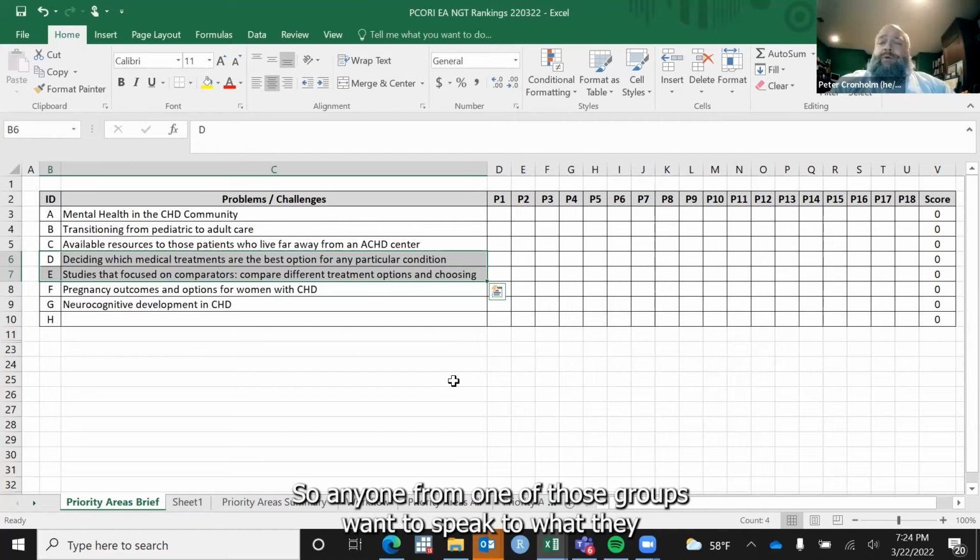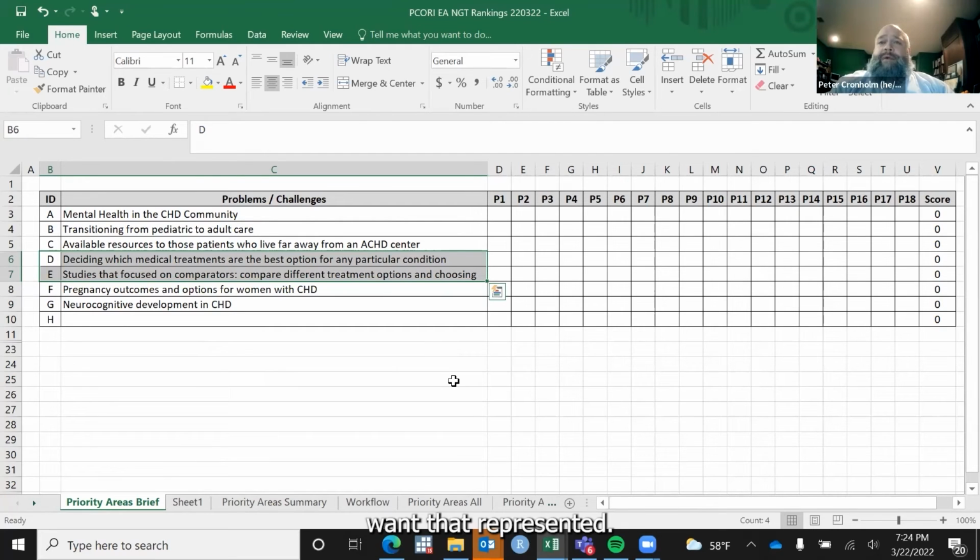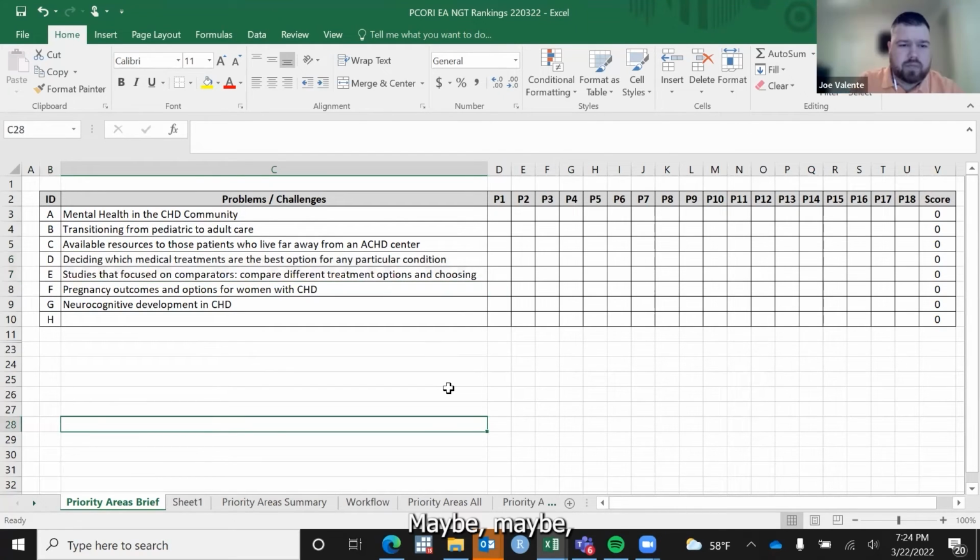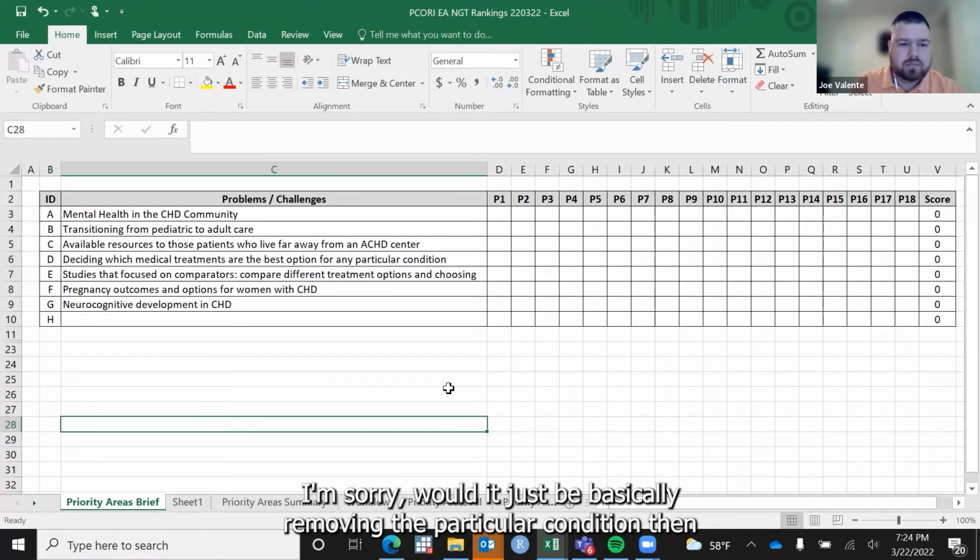Anyone from one of those groups want to speak to what they meant that represented? Maybe we should rephrase D to say option for comorbidities or something like that to encapsulate what she's trying to represent there. Would it just be removing the particular condition?